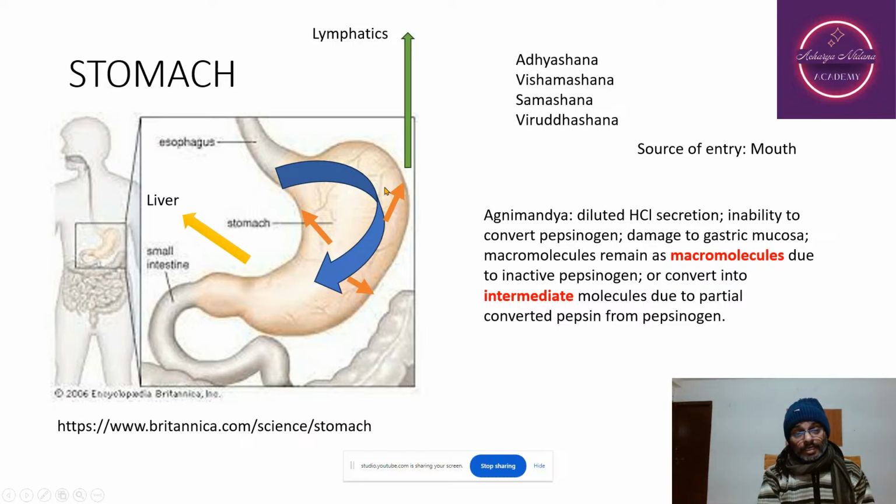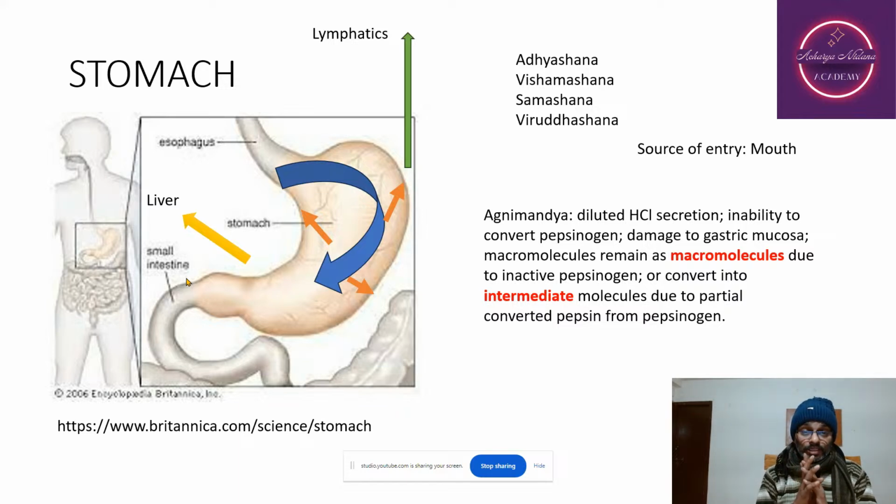So during this time period, after the adhyashana, the content of the food also matters. Most of us will be consuming a carbohydrate-rich diet. When a carbohydrate-rich diet is taken, this is responsible for the proliferation of infection in the stomach.